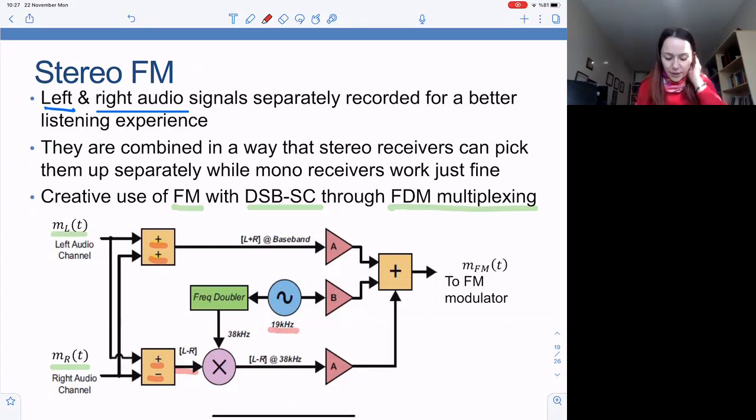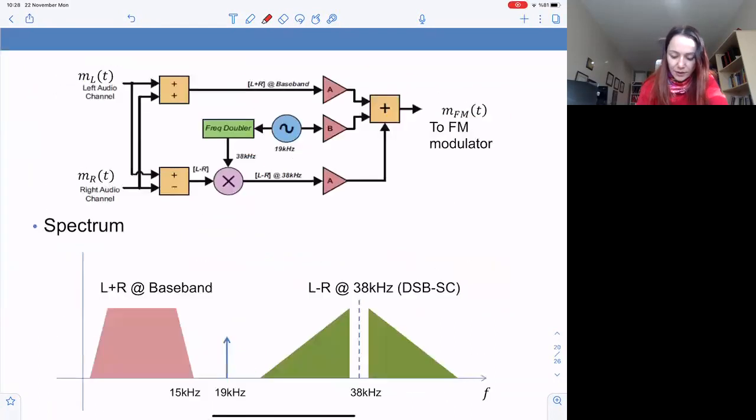Okay, take L plus R, combine them with the 19 kilohertz carrier, and then send the result to an FM modulator. Take L minus R, mix it with a 38 kilohertz signal. Also add it to the L plus R plus the carrier and put the whole thing to the FM modulator.